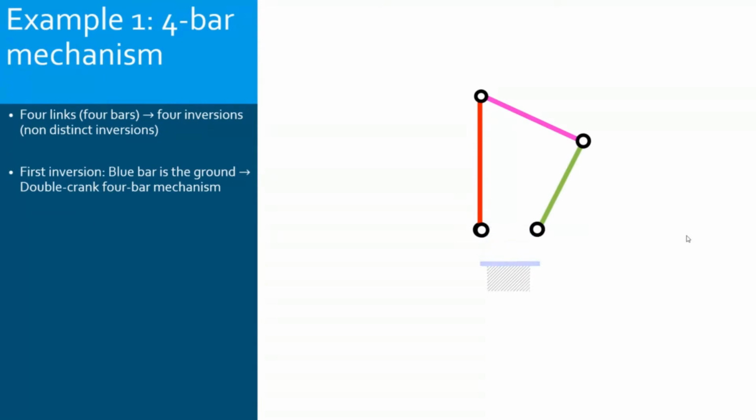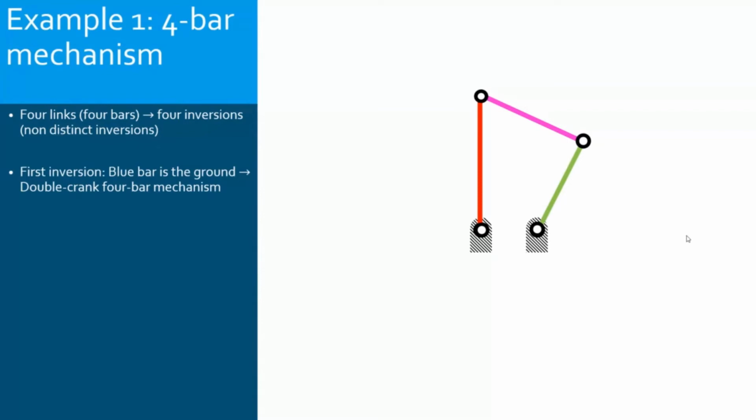So here, the red bar has a turning pair or pin joint with the ground, and the green bar also has a turning pair or revolute joint with the ground. So mostly when we draw a 4-bar mechanism, it's a 4-bar, but we represent only 3 bars, the 4 pin joints, and the 2 connections with the ground.